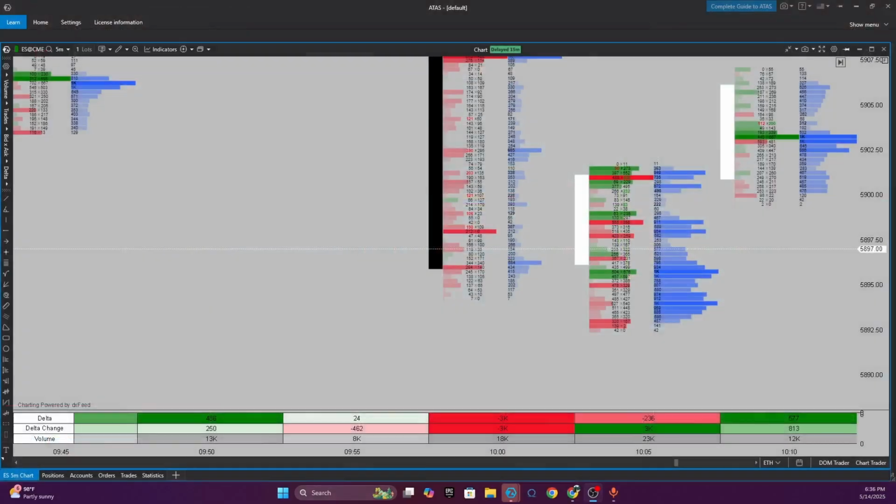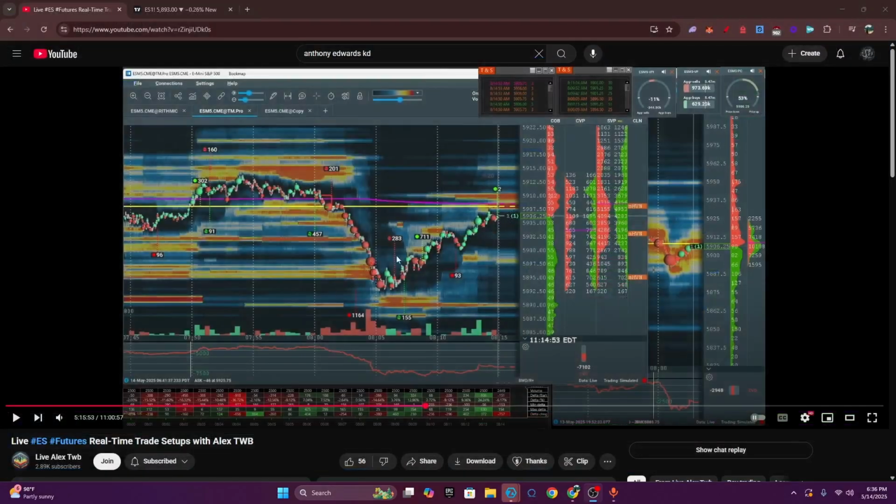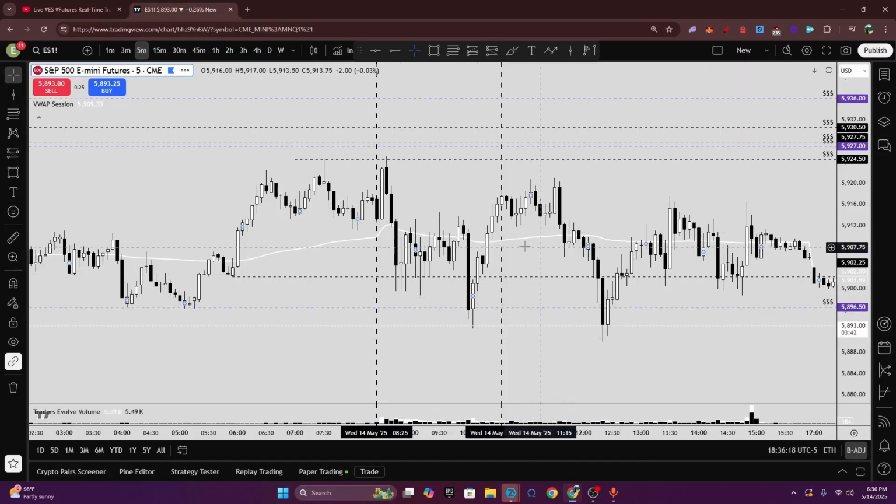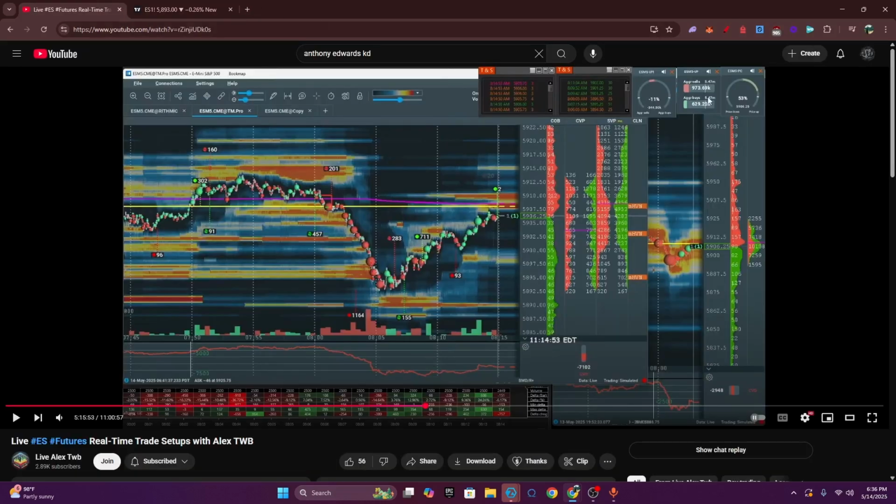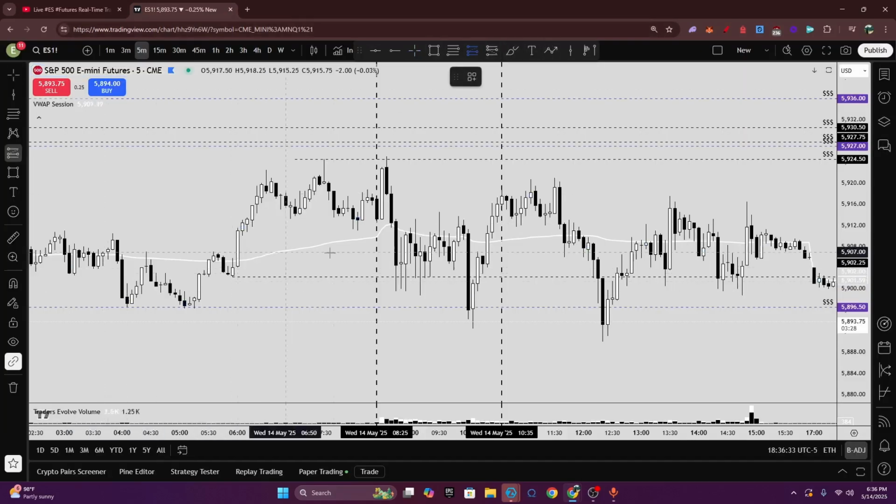So on footprint, we saw lots of absorption around that relative area, saw that there were levels at the area, saw buying aspirates get introduced, and we were at a key liquidity level. You likely could have entered off of this right here, maybe 5900 if you're unfortunate.